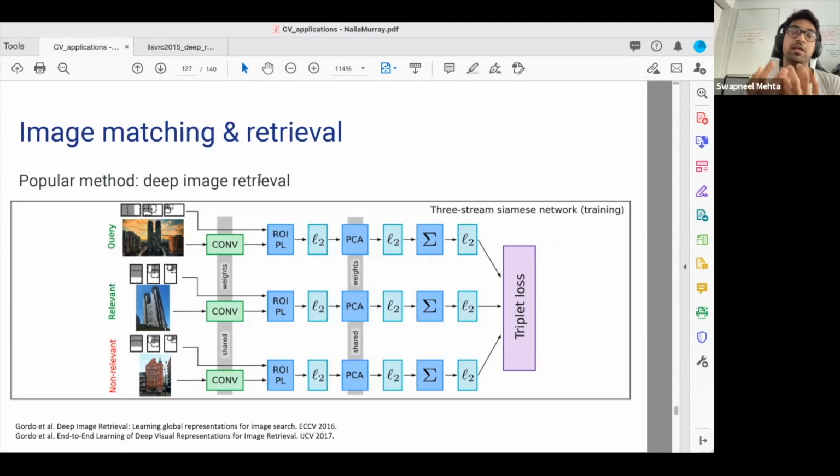And so combining, or taking the converse of this, I want to take two different classes and I want to ensure that the inter-class distance is maximized. So between two different classes, the distance is maximized, but the intra-class difference is minimized. So a relevant image is brought closer, but an irrelevant image is pushed further away from this query.